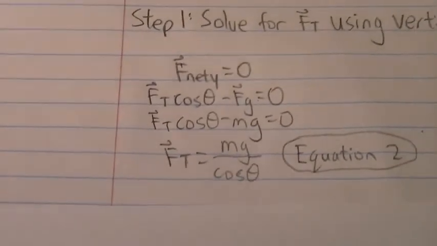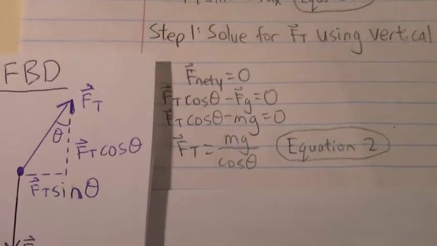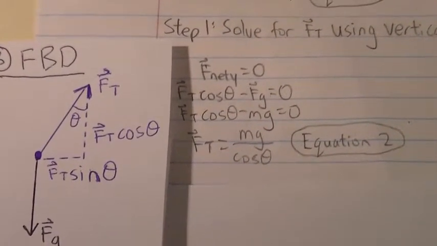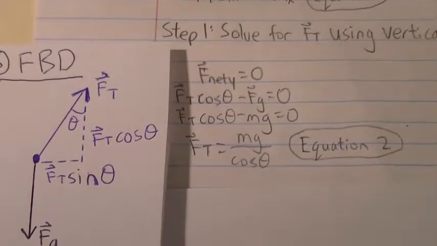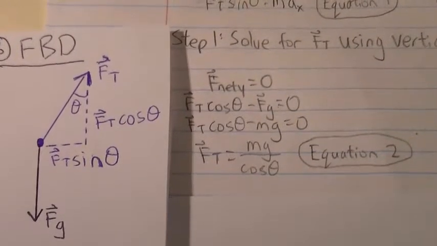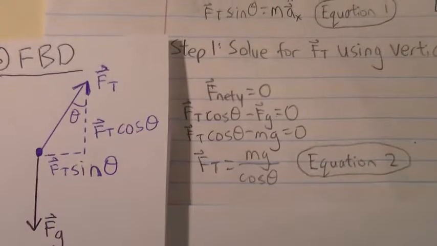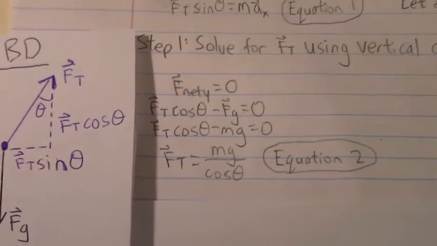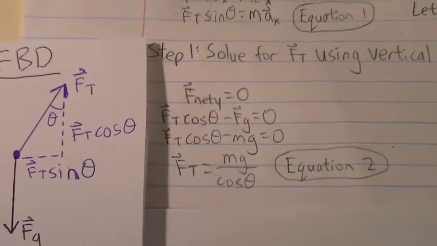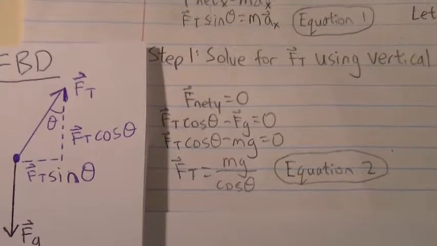Taking a look at the vertical components, we know that the F net in the vertical direction is 0 because the ball isn't moving anywhere in the vertical direction. And we notice from the FBD that the forces acting on the ball in the vertical direction are Ft cos theta and Fg. So we sub that into the equation, and we isolate for Ft to get equation number 2, Ft equals mg divided by cos theta.